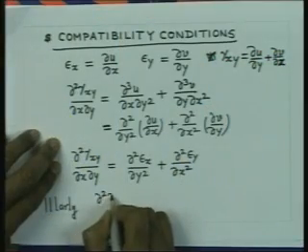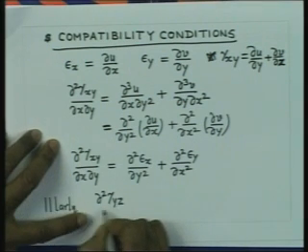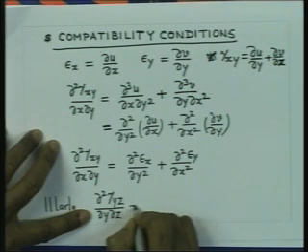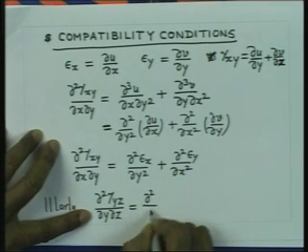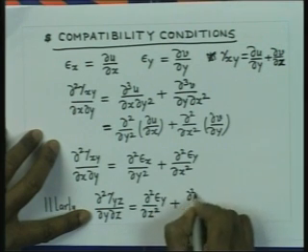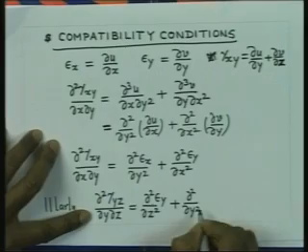If we now consider the other combination, we can have gamma yz and the strains epsilon y and epsilon z by close parallel. We can get delta 2 gamma yz by delta y delta z, this must be equal to delta 2 epsilon y by delta z square plus delta 2 epsilon z by delta y square.